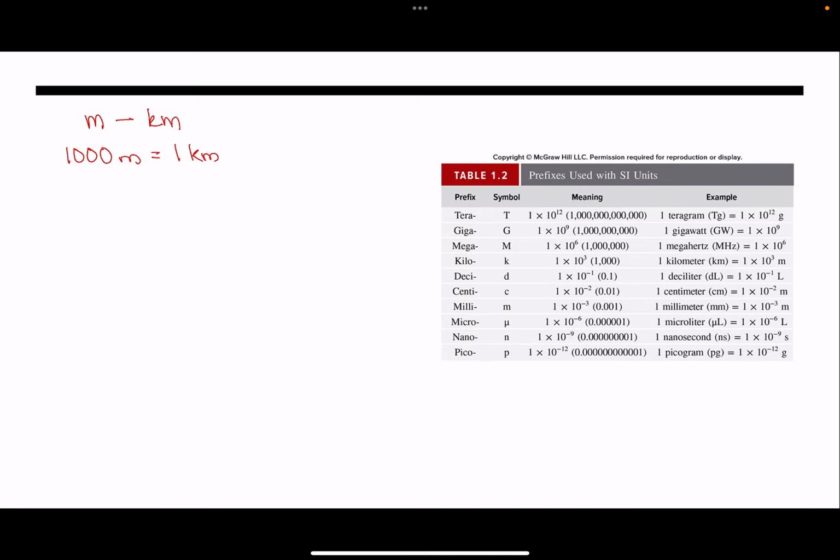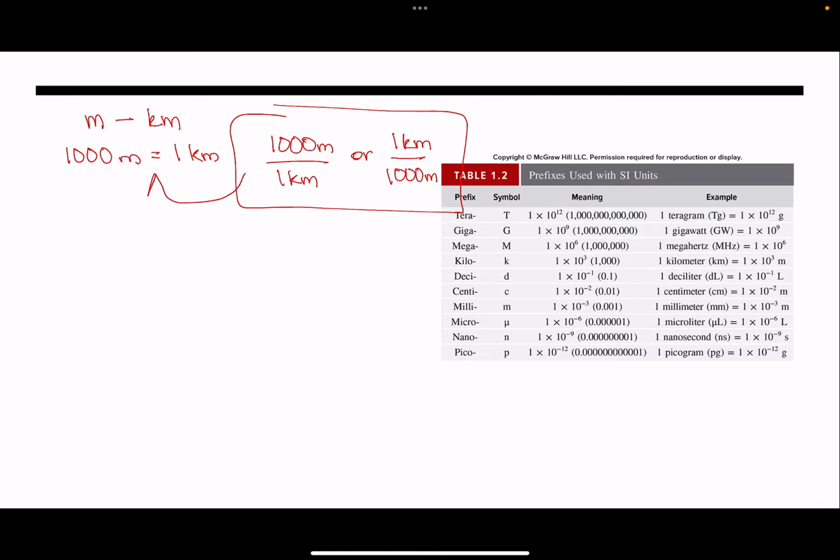It can be 1,000 meters over 1 kilometer, or it can be written as 1 kilometer over 1,000 meters. Both of those things mean this right here and can be used in problems to help us do conversions.